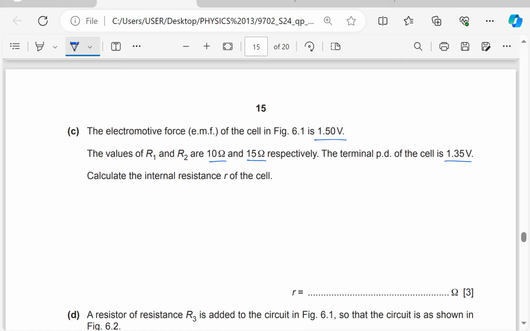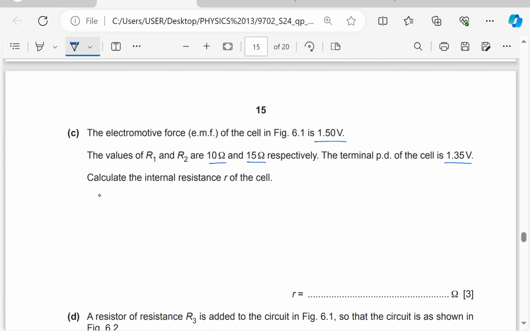So first of all, we know that the total current in a circuit is given by the EMF divided by total resistance. I'll write RT for total resistance. The EMF is 1.5 divided by total resistance. They are resistors in series, so that is 10 plus 15.